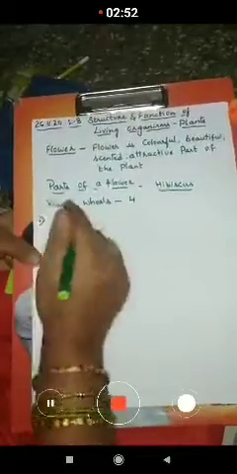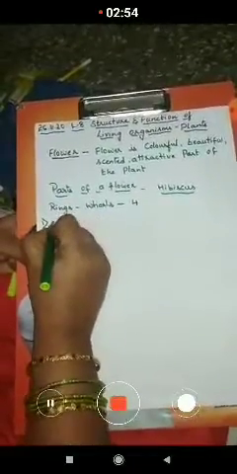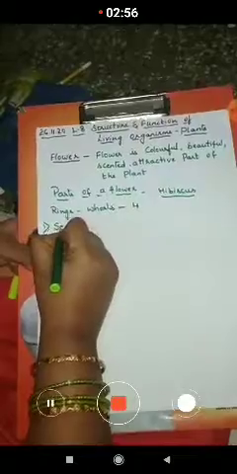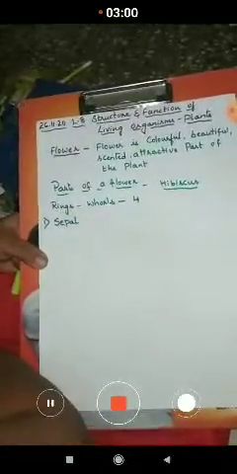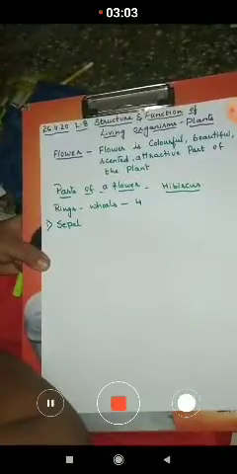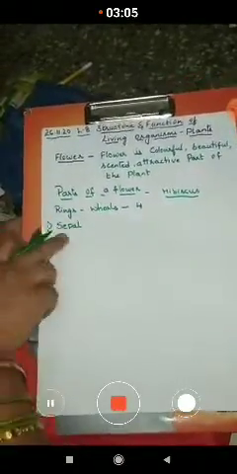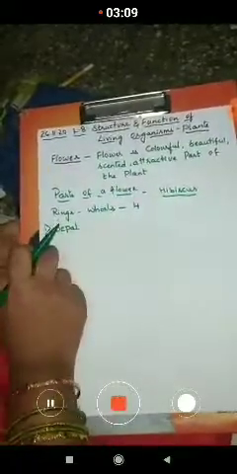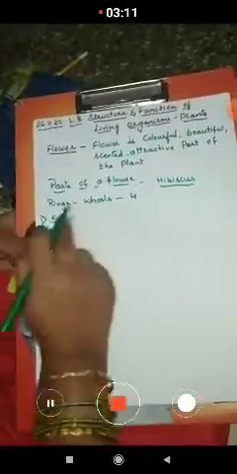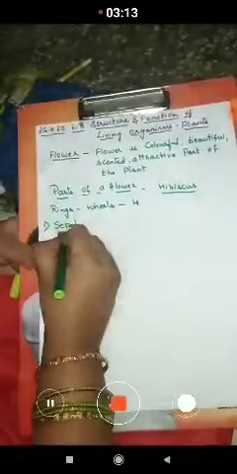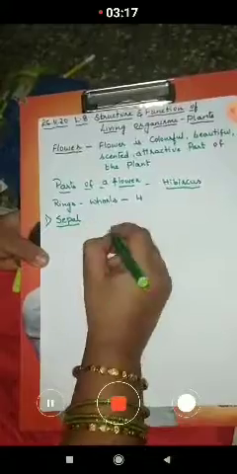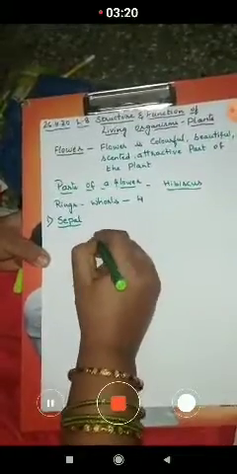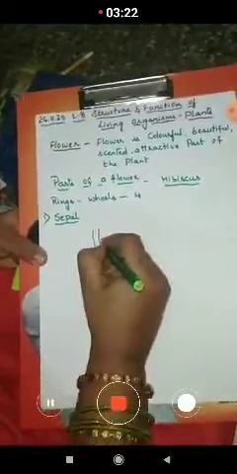The first ring of the flower is the sepal. Now before moving on to the first ring, suppose this is the stem.